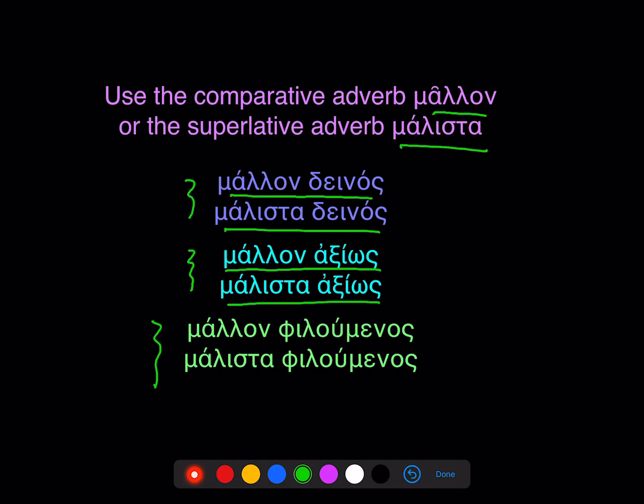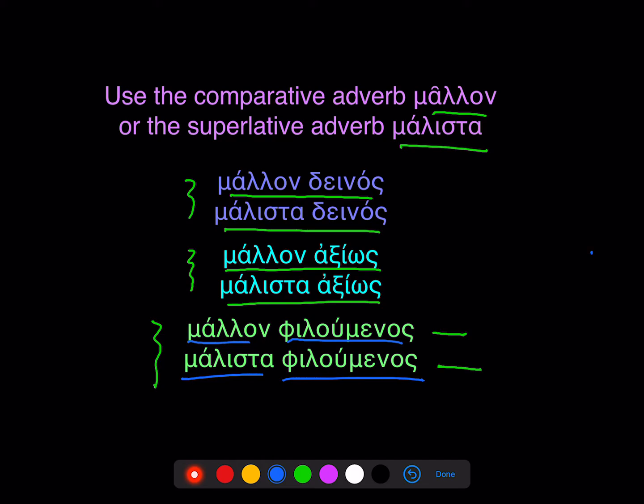Malon philumenos, more beloved, rather beloved. Malista philumenos, most beloved, very beloved. And in fact, using malon or malista is the regular way to make a participle comparative or superlative.